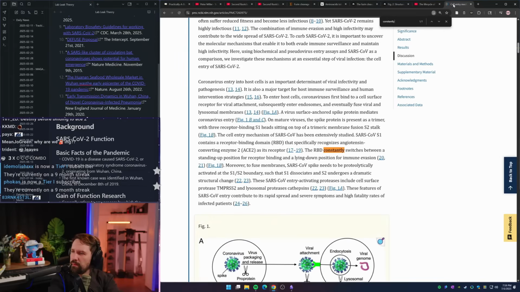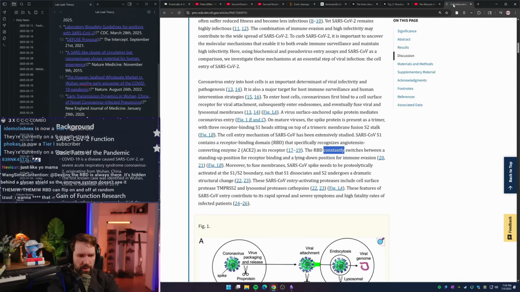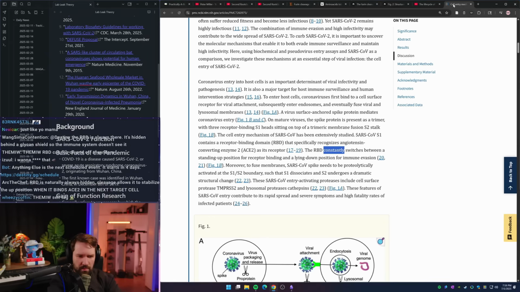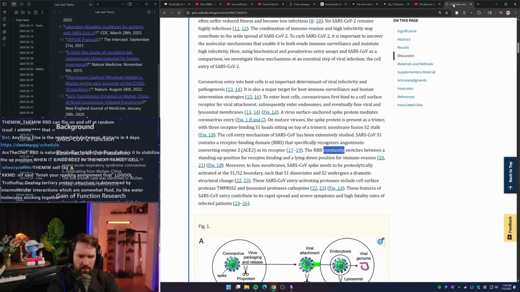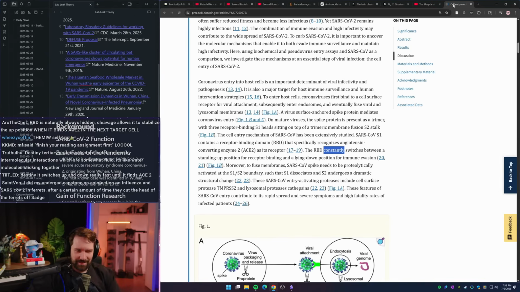From this article, wait. Oh, so then, wait, so then... Cleavage doesn't turn it on. You were wrong when you said it. You lied to me.